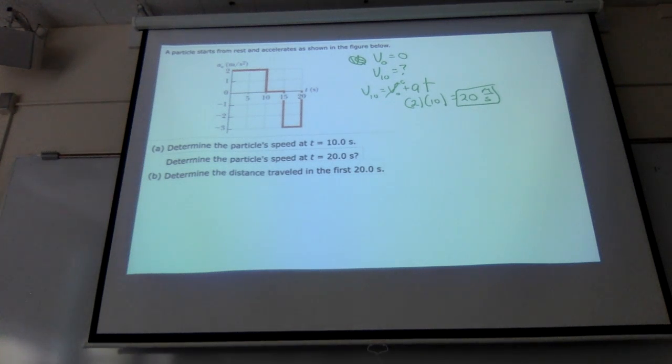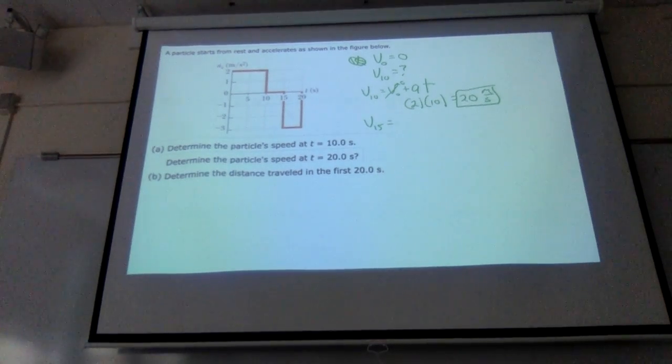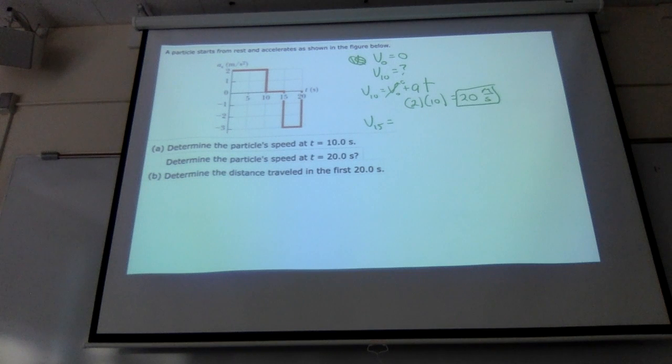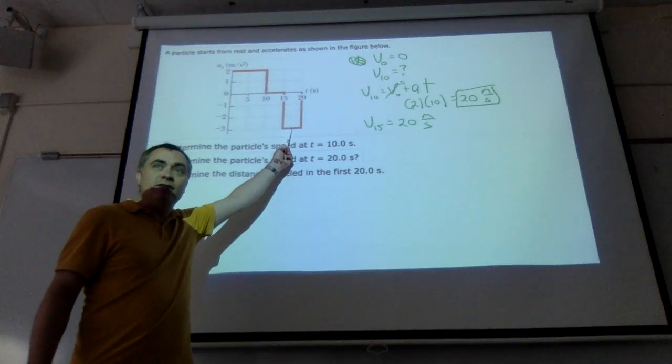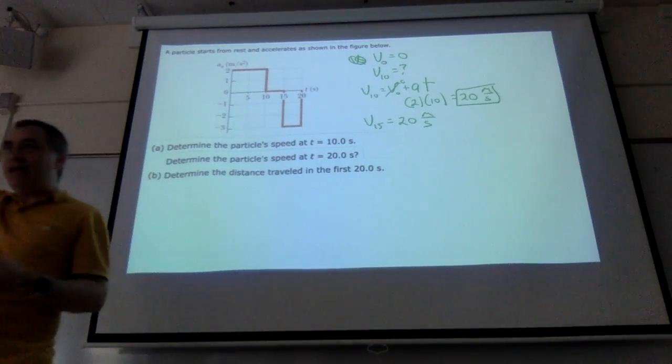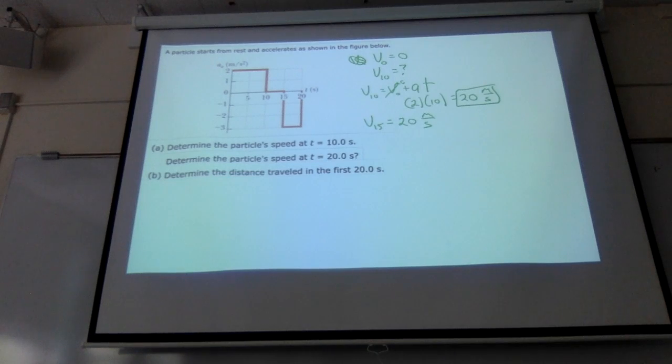How fast am I moving at 15 seconds? 20 meters per second. There's no acceleration between 10 and 15. So I'm still moving 20 meters per second. This next part wants me to find how fast I'm moving at 20. Notice now I have a negative acceleration, which is going to take my velocity down some amount. So to do that, let's say V20 is equal to V15 plus acceleration times time.